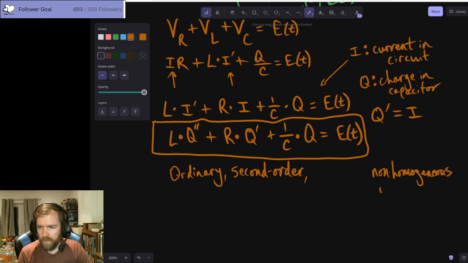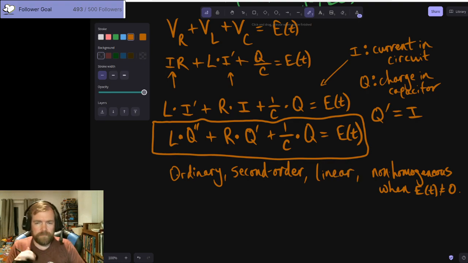And it's linear. Yep, because our inductance L, our resistance R, and our capacitance C are all going to be constants for this particular setup. None of those things are going to be variable by the nature of inductors, resistors, and capacitors.